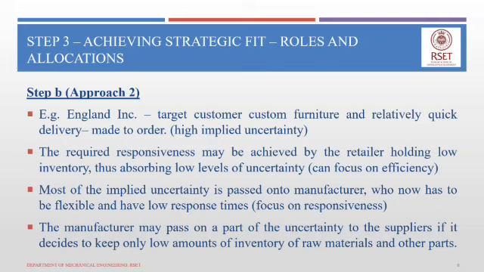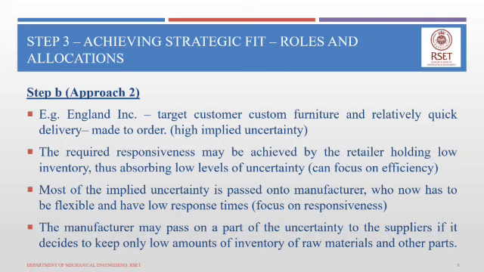But if the manufacturer can't take up that burden of being highly responsive, it can transfer a certain part of its uncertainty to suppliers by only maintaining low amounts of inventory, and wanting the suppliers to be responsive by asking them to deliver their products, that is parts as well as raw materials, at short notice to the manufacturers.